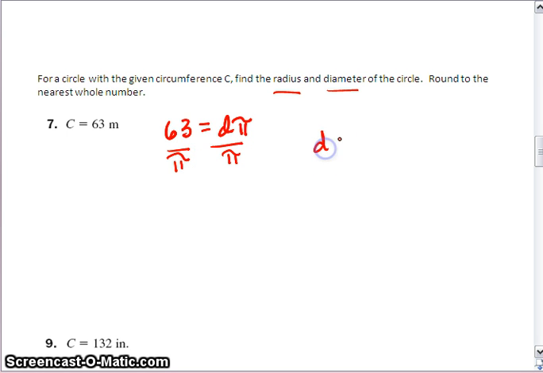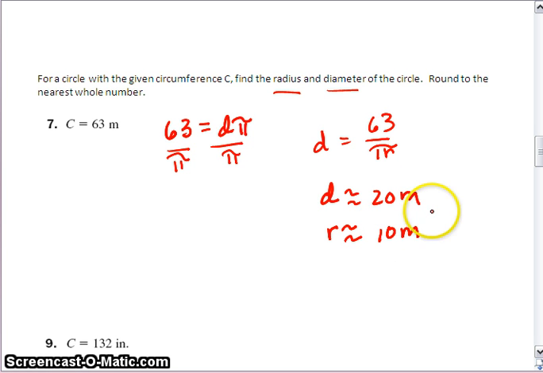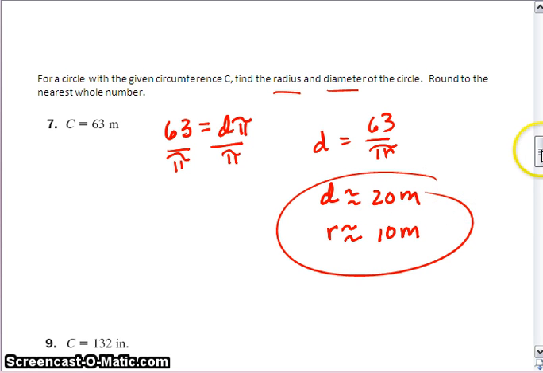So my diameter is 63 over pi, or if I divide that out and use 3.14 for pi, I would get that my diameter is approximately 20 meters. Now my radius we know is half of that. So if I divide that by 2, my radius is approximately 10 meters. And that would be my answer.